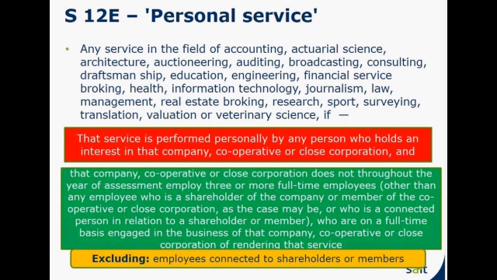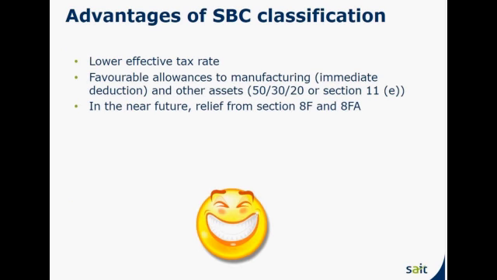Then the company would also qualify for more favorable allowances in respect of its assets. So if it's got a manufacturing asset, then it would be entitled to an immediate deduction. If it's another asset, there would be a 50-30-20 deduction, so the three year, that's literally way up front.